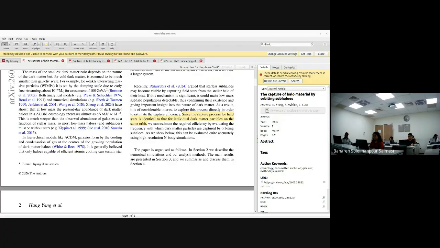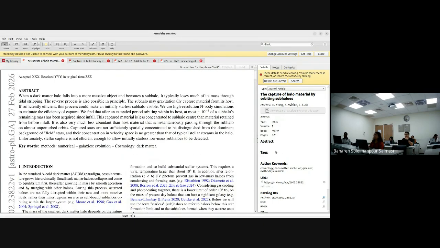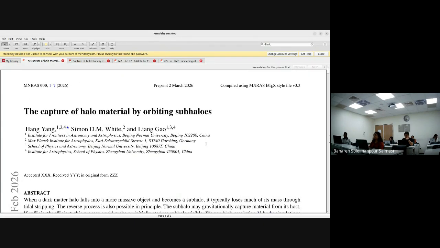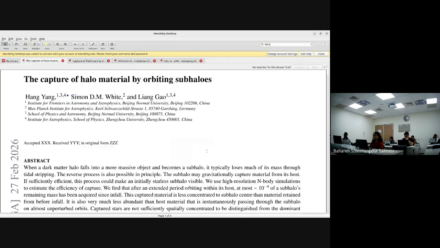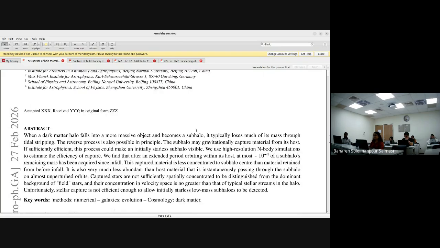Eventually I picked this paper. I couldn't see this cursor. Okay. So you can see the author list: famous Simon White and Gao. And the final decision I made for this paper is because they signed my papers.